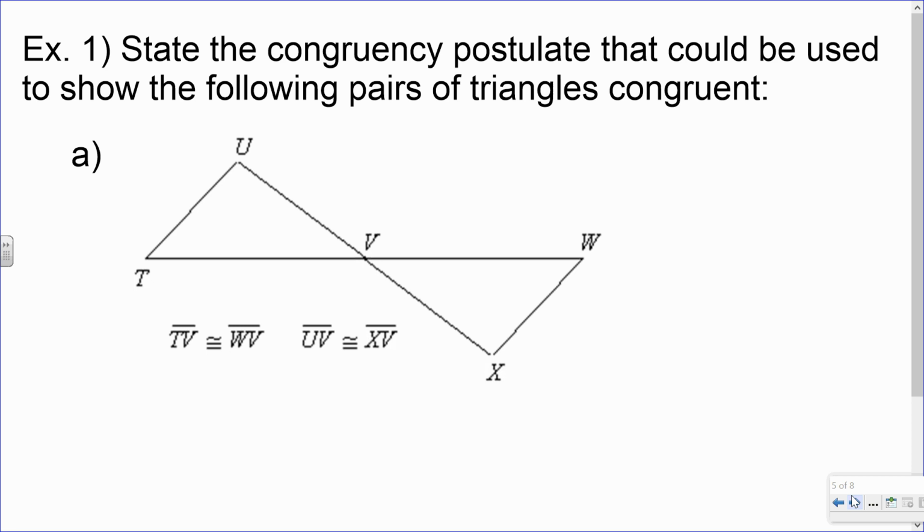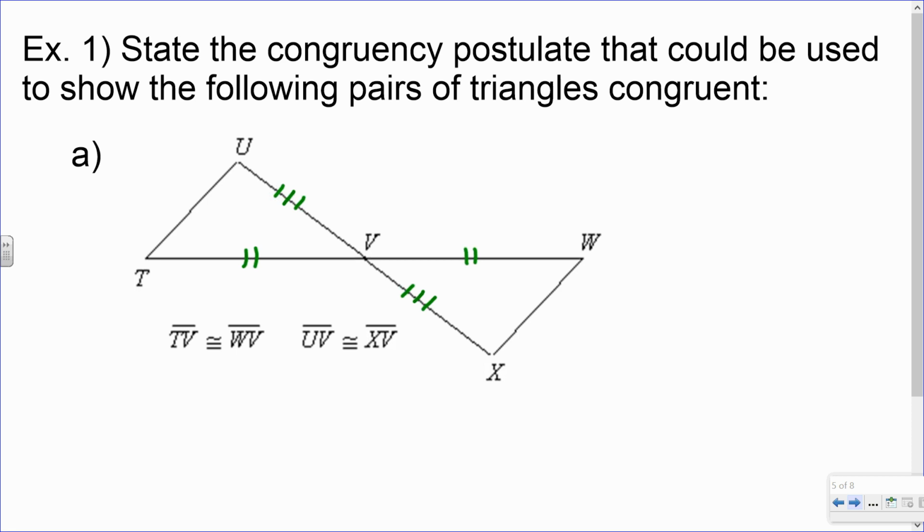And then we'd start to label TV, so T to V, that's right here. That is congruent to W to V, so right here. And I also know U to V, so that's this one up here, is congruent to X to V, so this piece here. And now I'd like to be able to say that those triangles are congruent.